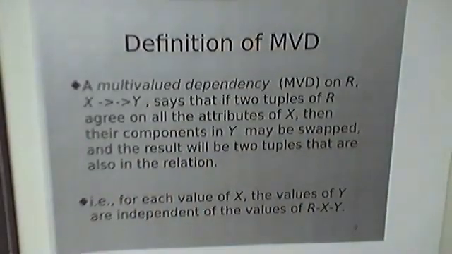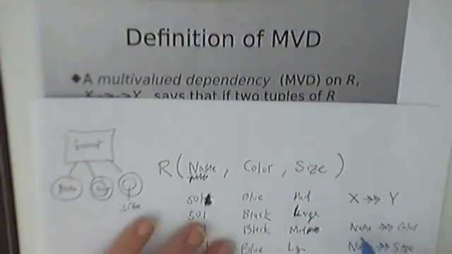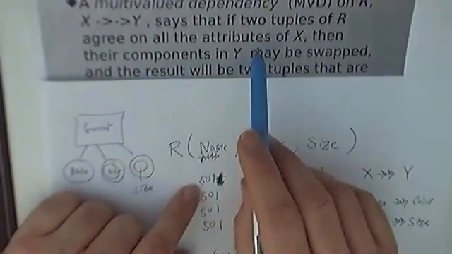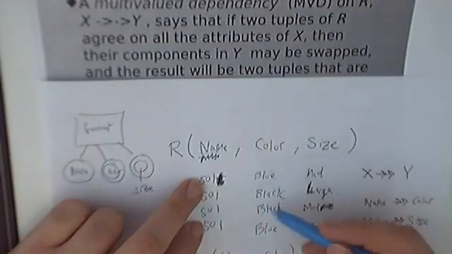All right, so what does that mean? I'm telling you that name determines colors here. So what it's going to say to us is, if we have two tuples that agree on name, any possible combination here, that means that holding the other attributes the same, we can induce two fresh tuples.